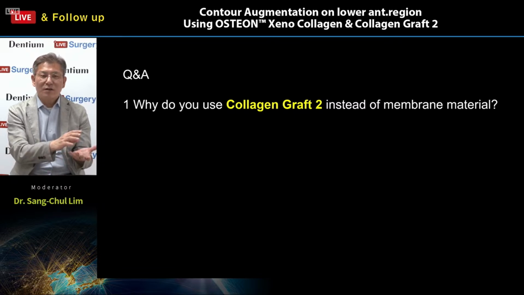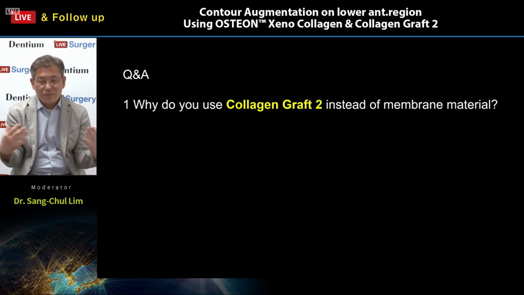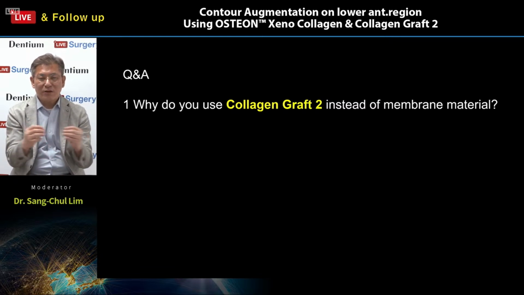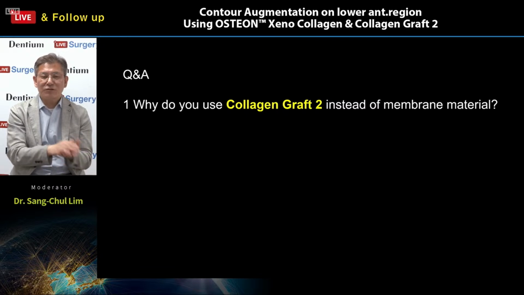However, this collagen graft 2 is soft tissue friendly and has high potential for absorbing blood and some molecules. So I think even with a thin biotype, thin layer, and a little bit of shortage or lack of primary closure, collagen graft 2 is much better than using a membrane, right?